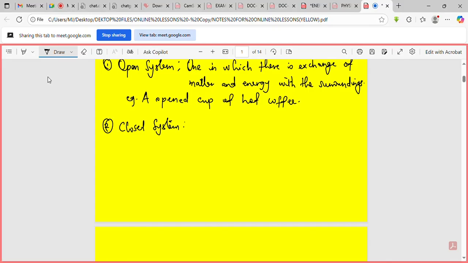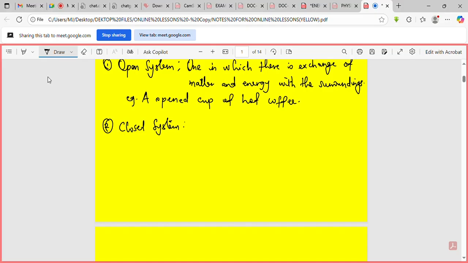You do not smell the scent of the coffee from the vacuum flask, which means there is no exchange of matter, which is why you are not smelling any scent. But you will come to realize that after some time, the hot coffee in the vacuum flask gets cold. If it has gotten cold, then it means there has been exchange of heat or exchange of energy.